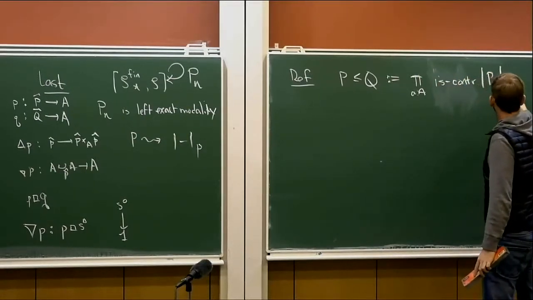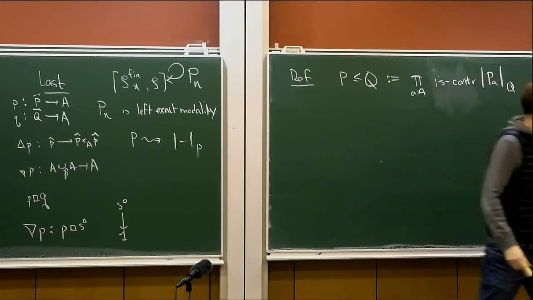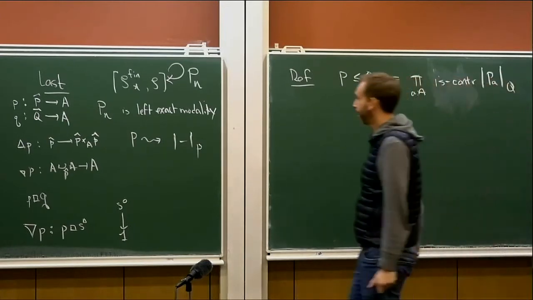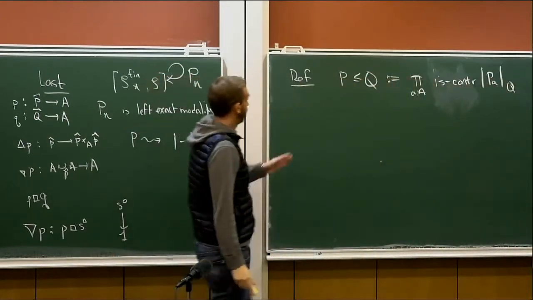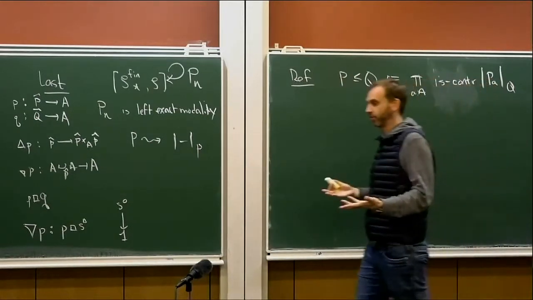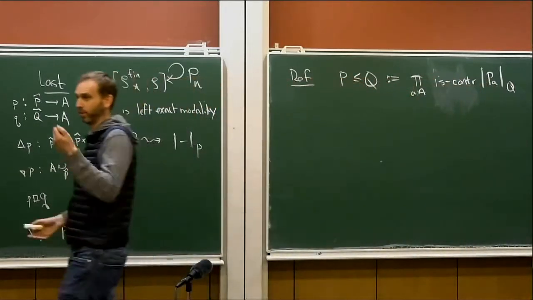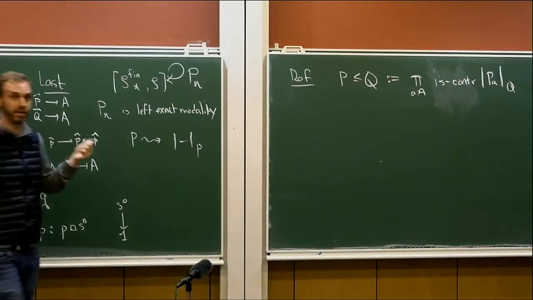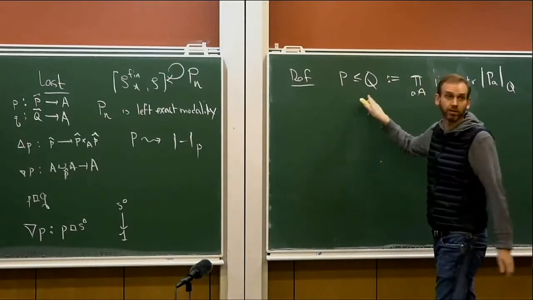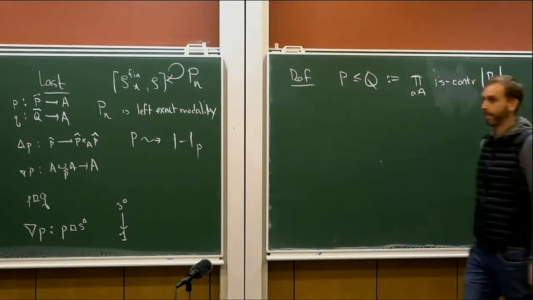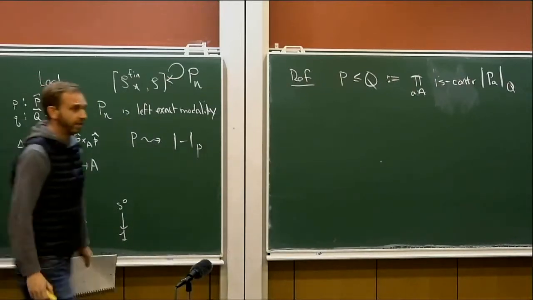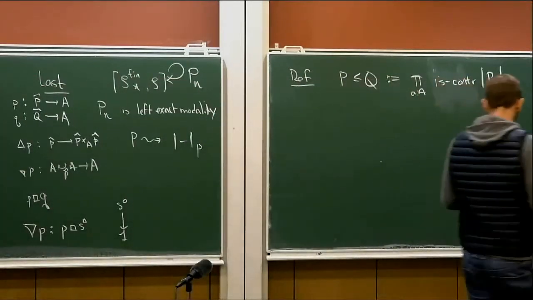The Q nullification of the fibers of P. Okay? So this says, in other words, every modality determines the collection of connected types. These are the types which become contractible when I apply the modality. And this P less than Q just says that all the types in P are Q connected. Okay? So this is going to be a convenient tool to manipulate.